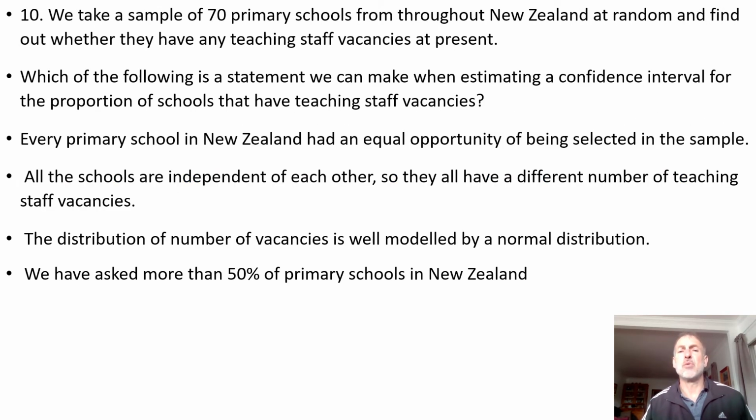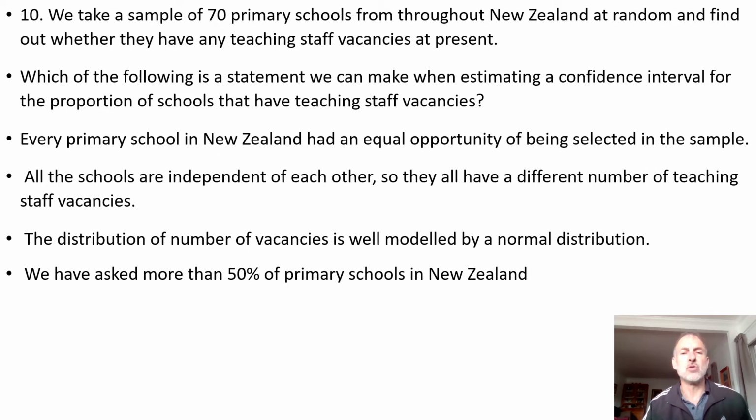We take a sample of 70 primary schools from throughout New Zealand at random, and we find out whether they have any teaching staff vacancies at present. So which of the following is a statement we can make when estimating a confidence interval for the proportion of schools that have teaching staff vacancies?